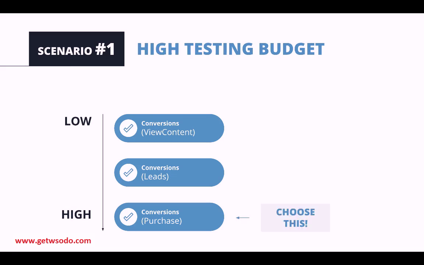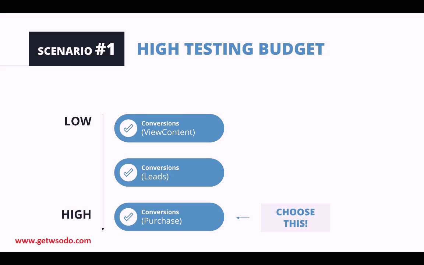If you have a high testing budget, like $100 a day or more, then it's generally a good idea to just optimize for the purchase. So just going right for the final conversion point is usually the best bet for Facebook. However, it requires the most testing budget.